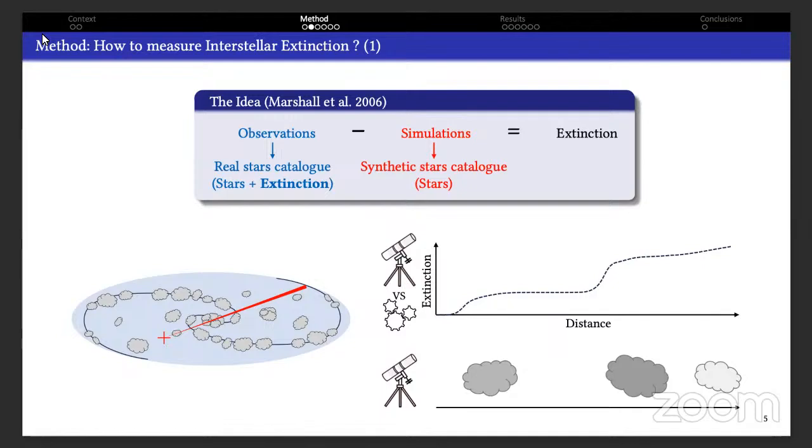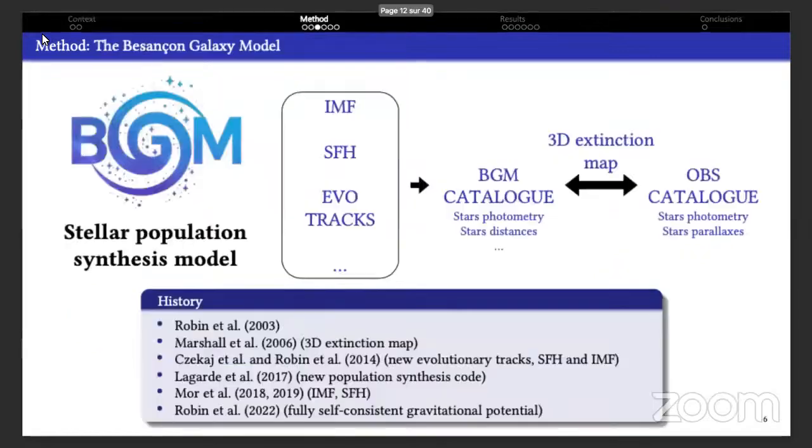And so we assume that the difference between the observation and the simulation is solely due to extinction. And so we can try, for a given line of sight, to find which extinction profile, so extinction as a function of distance, will tell us where we have a structure, where we have dust along this line of sight.